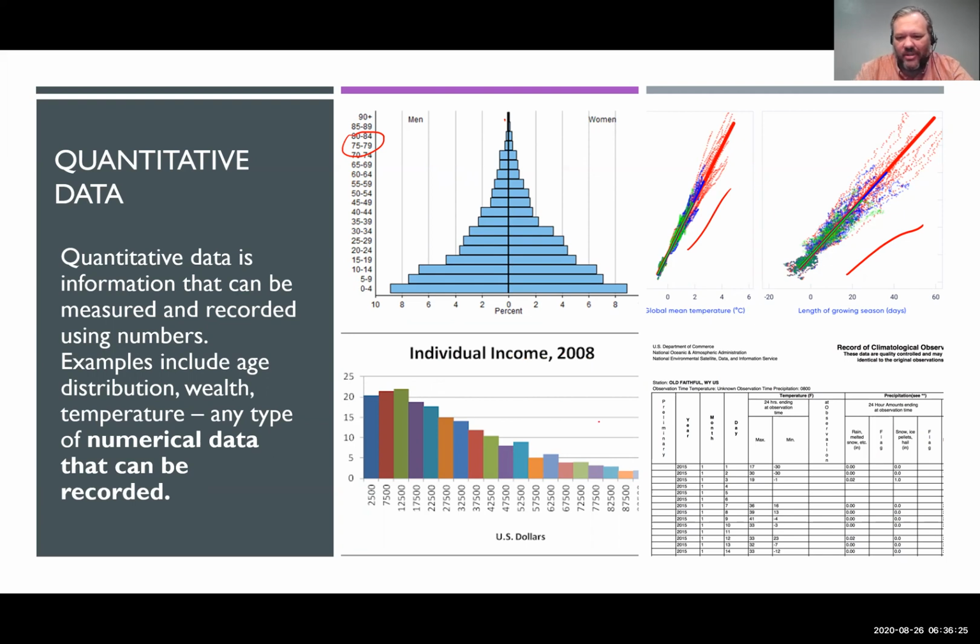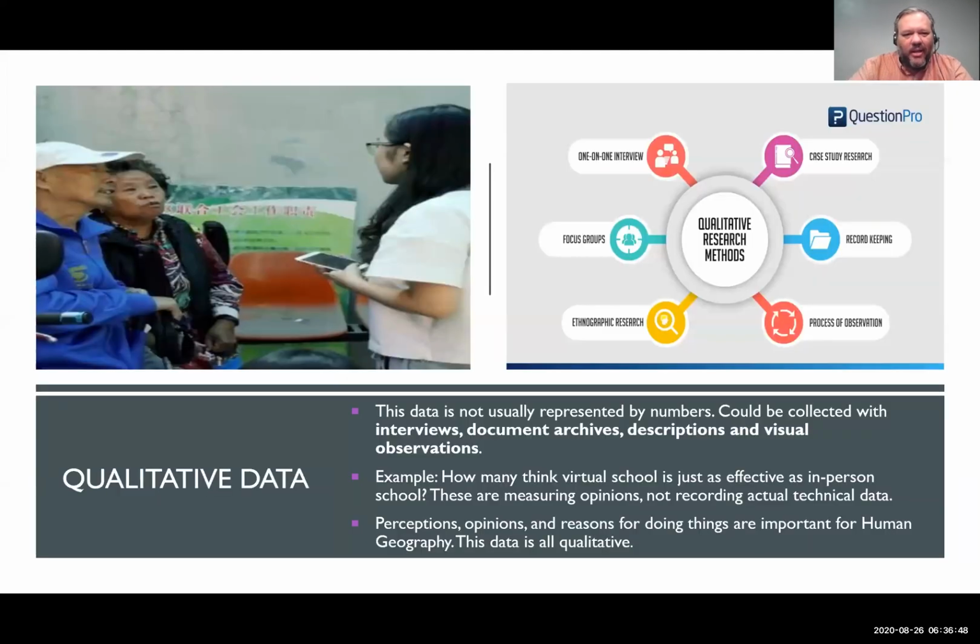Again, percentages over here, and so you get the idea. So quantitative data is data that is numerical. It's easy to put into a GIS system because then computers can do their magic with it, and so it is an objective measure. All right, mostly objective. Leave it at that.